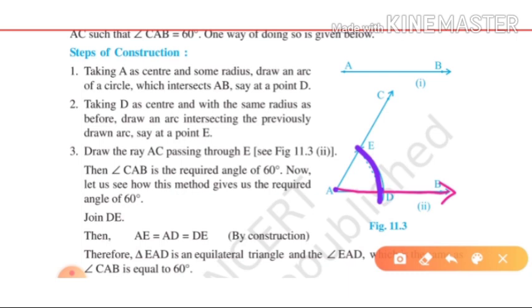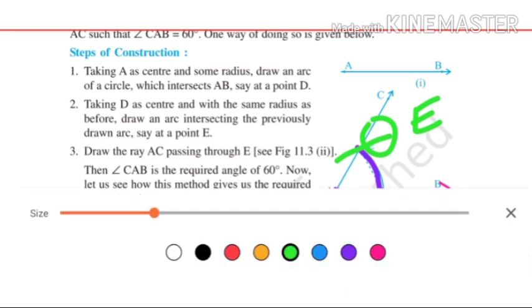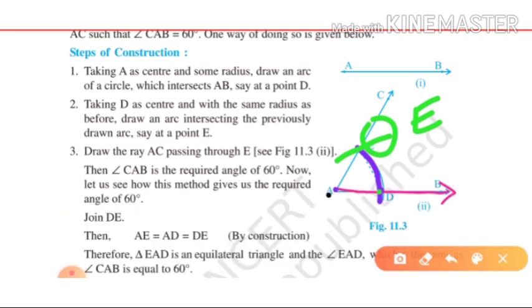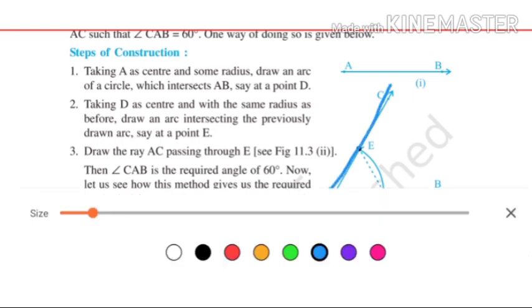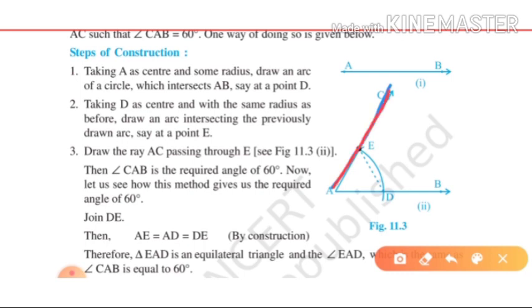Now you can see this point D, and with the same radius, taking D as center, we draw another arc which will cut the previous arc at this point E. Then we join AE, and we get the angle of 60 degrees.